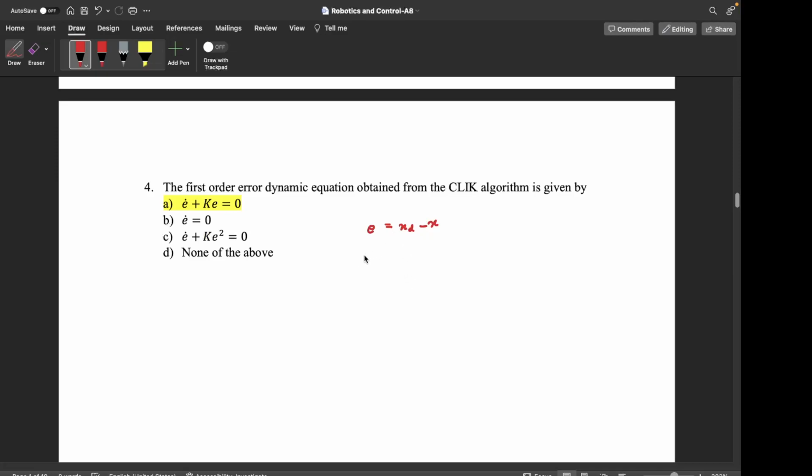And q dot would be the derivative of q. So we know that this relation holds, right? That x dot is J times q dot. Okay, and E dot is xd dot minus x dot.